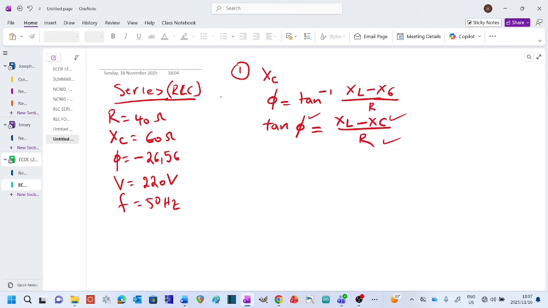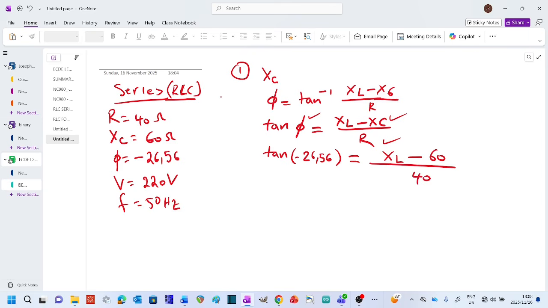All we can do is rewrite tan inverse of minus 26.56 equals XL unknown minus 60 over 40.